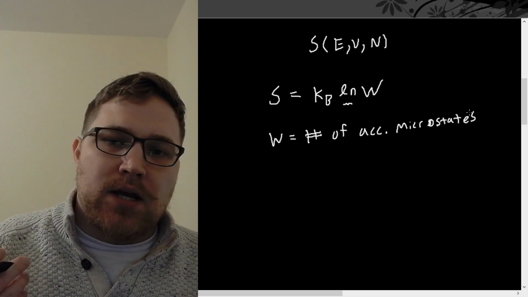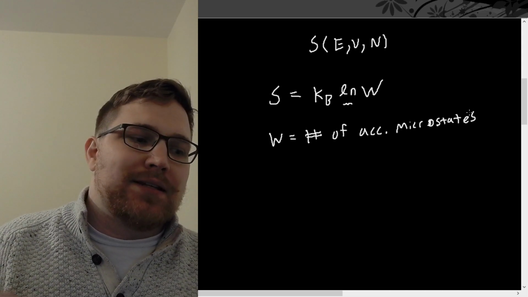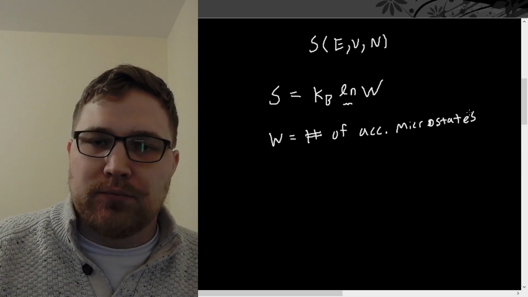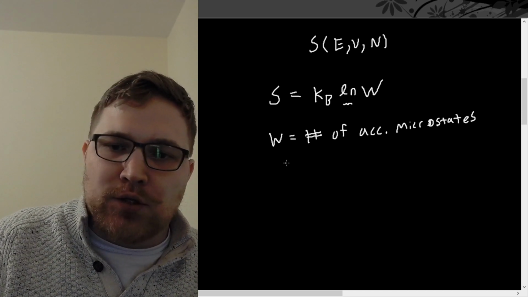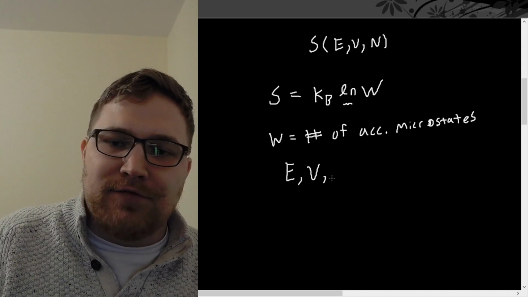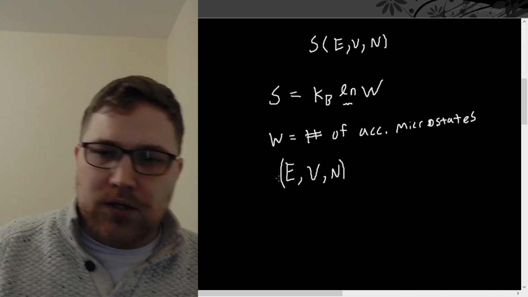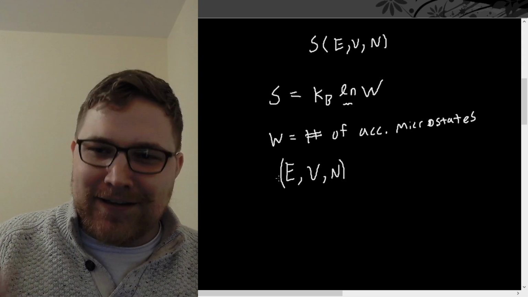When I say accessible microstates, for this equation, what that means is energetically accessible microstates. Or in particular, it's the number of microstates that correspond to our macrostate given to us by E, V, and N.